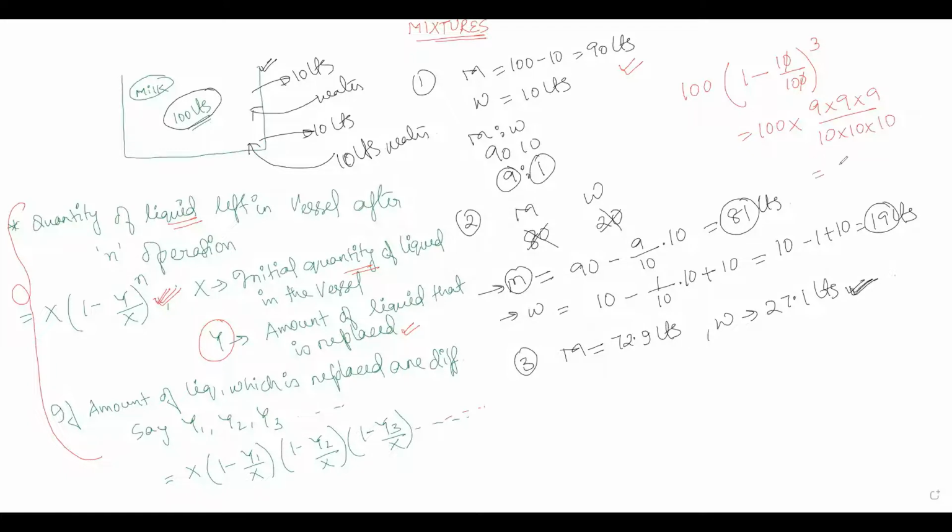So this would be 72.9, which is exactly the same quantity we calculated earlier. Simply by using this formula, I can directly get the quantity of the liquid after n operations. And the quantity of water can be found by subtracting this 72.9 from the total initial quantity.